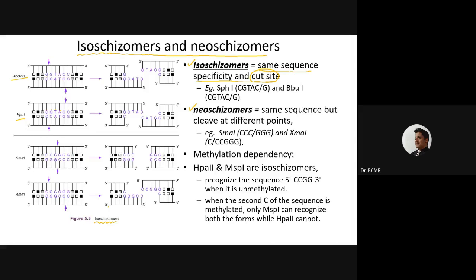But what I want you to understand is, if there is enzyme A and enzyme B, restriction enzymes, and one is cutting GAATTC, and the other one also has the exact sequence, they are going to cut in a very similar place like this.